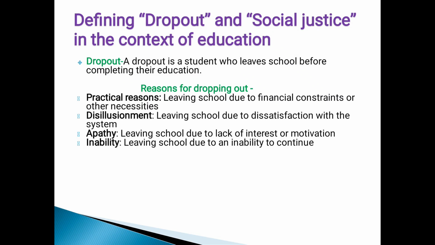Number 2, disillusionment: leaving school due to dissatisfaction with the system. Number 3, apathy: leaving school due to lack of interest or motivation. And number 4, inability: leaving school due to an inability to continue.